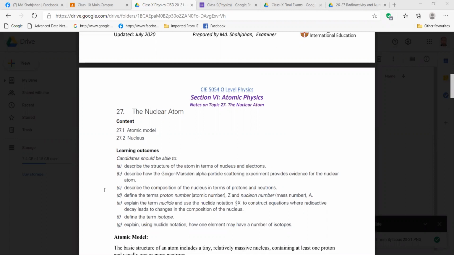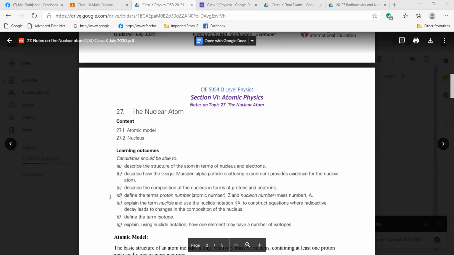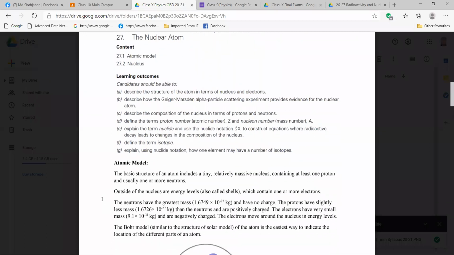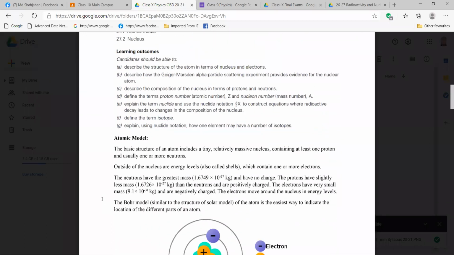So here we got the structure of the atom in terms of nucleus and electrons. So in nucleus we have neutrons and protons, you know that, right? Yes, sir. So neutrons are neutral, they don't have any charge, and protons, they have positive charges.